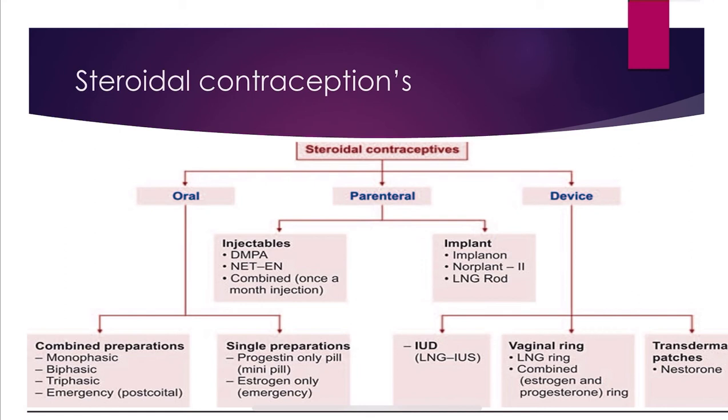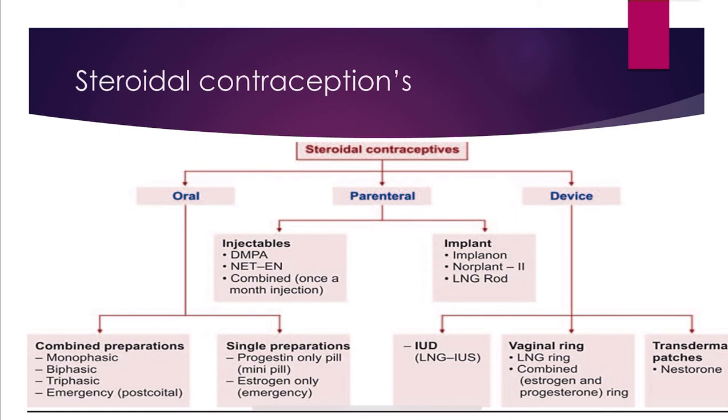The single preparations are progestin only pill, that is the mini pill, and estrogen only pill, which is an emergency pill. So the combined preparations are monophasic, biphasic and triphasic, or emergency, which is postcoital. The single has only one hormone, that is progestin only pill or estrogen only pill, one steroid.